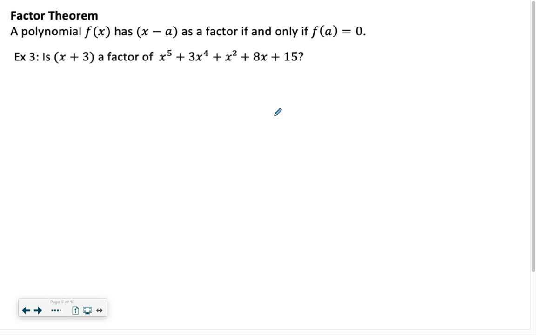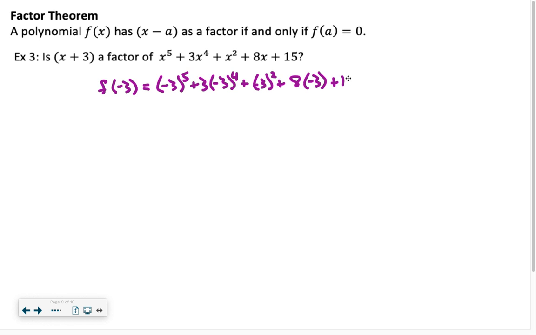There's actually two ways that we could go about doing this. The first would be to just plug -3 into the function and see if we get 0. So let's do it that way, right? f of -3 will be -3 to the 5th power plus 3 times -3 to the 4th plus -3 squared plus 8 times -3 plus 15.